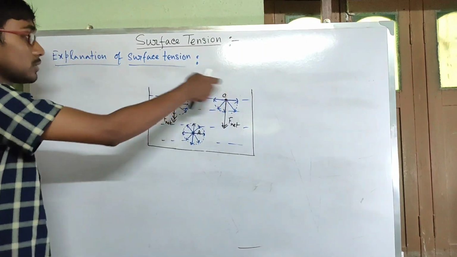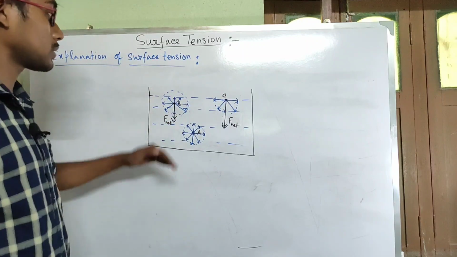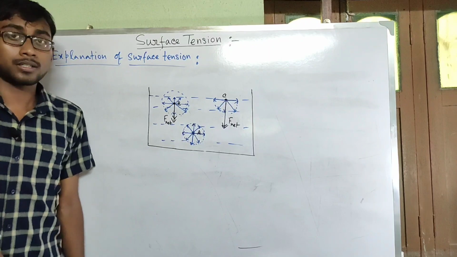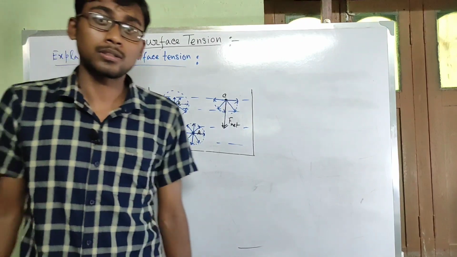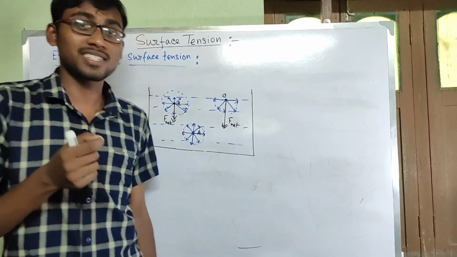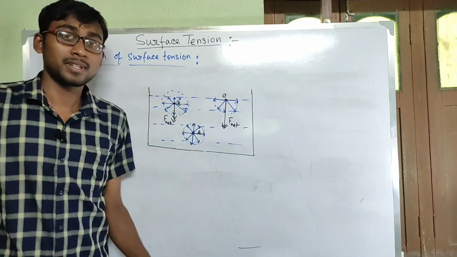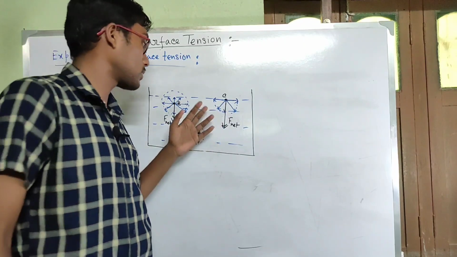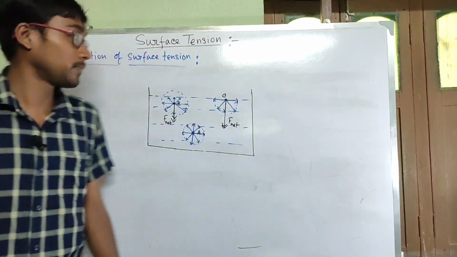So the molecules near the surface have maximum potential energy, but we know that a system is in stable equilibrium when its potential energy is minimum.